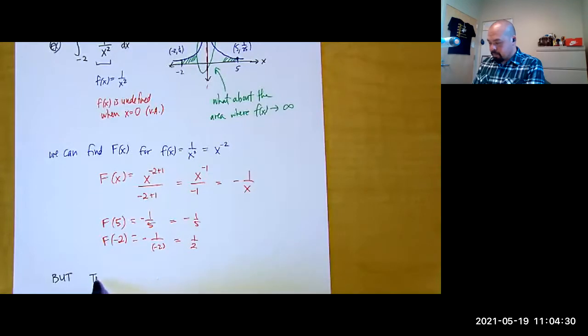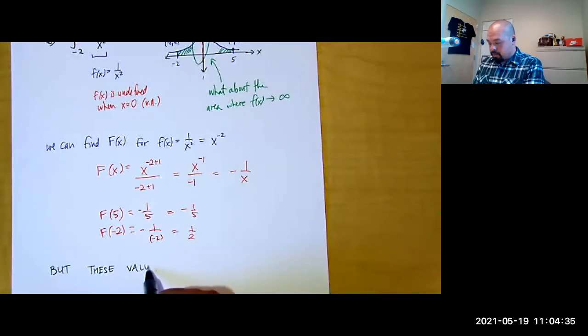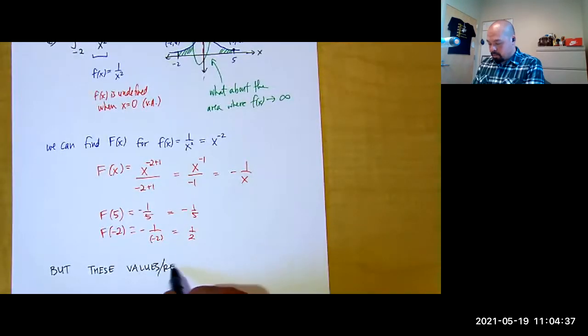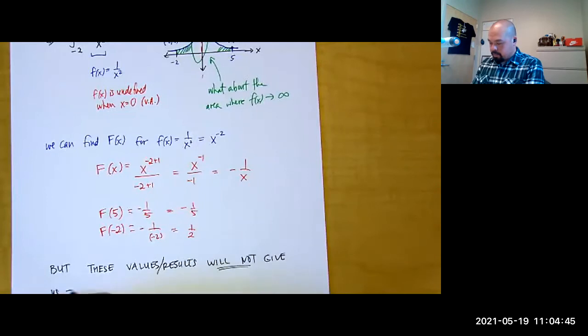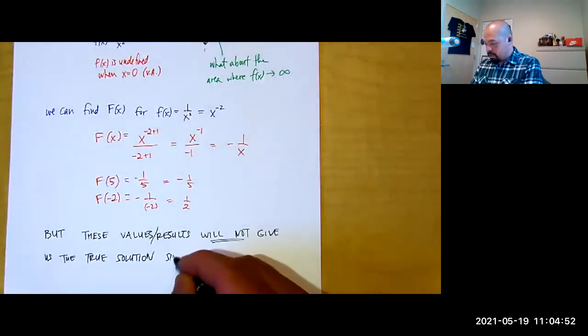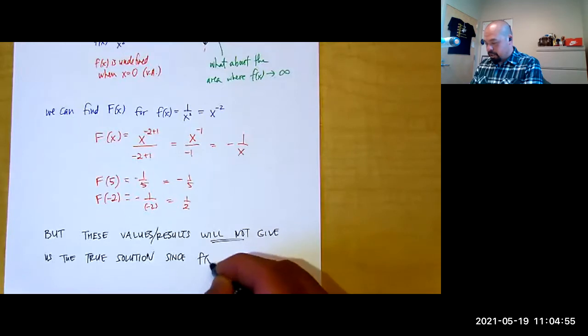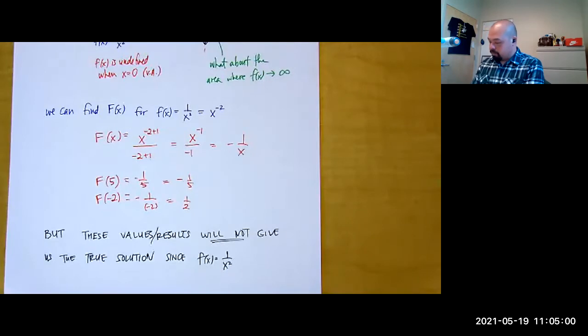But these results will not give us the true solution, since my original function that we're trying to find, that area below, is not defined, right?